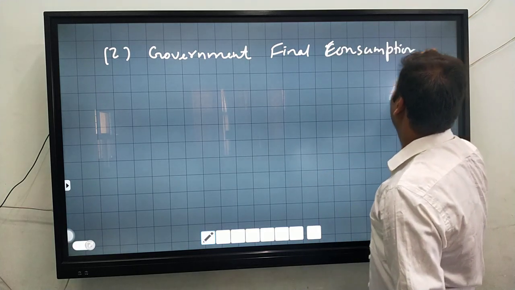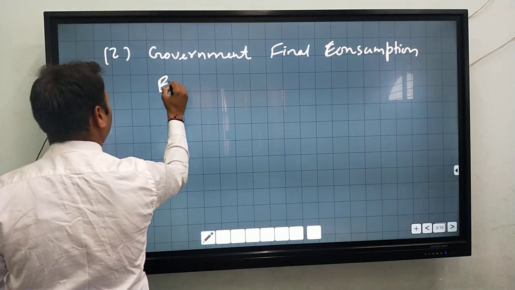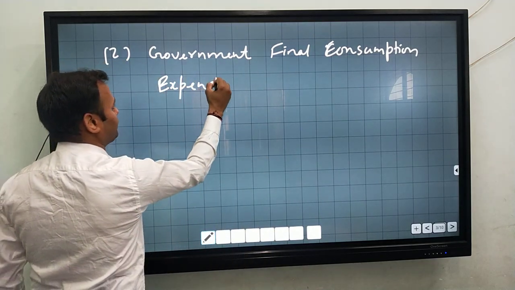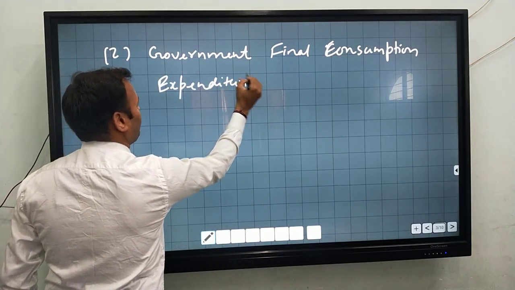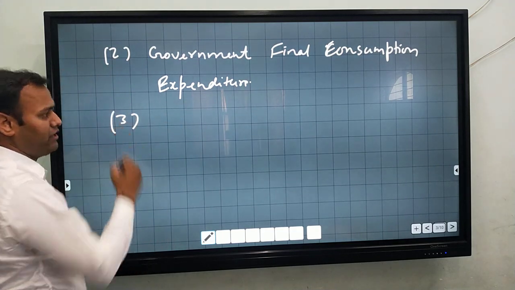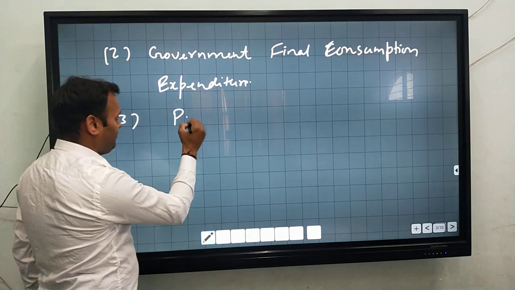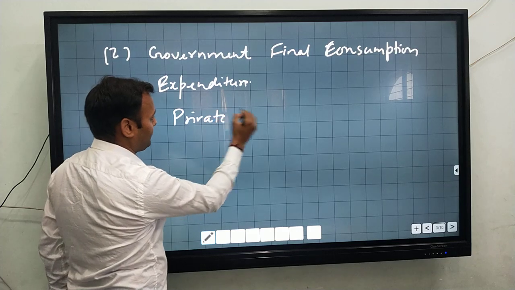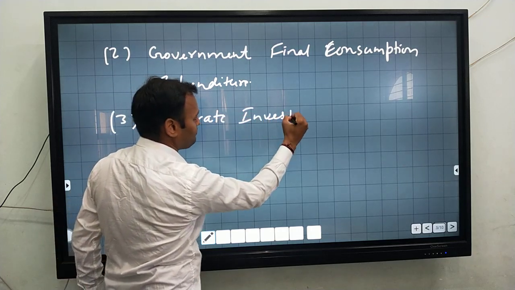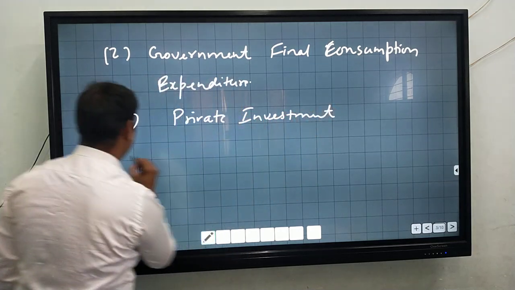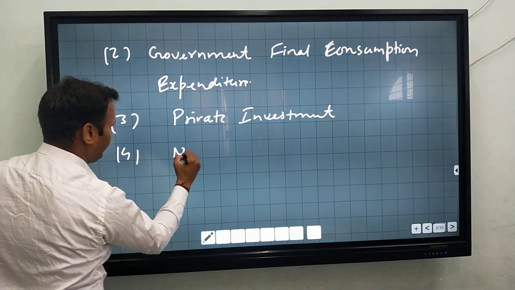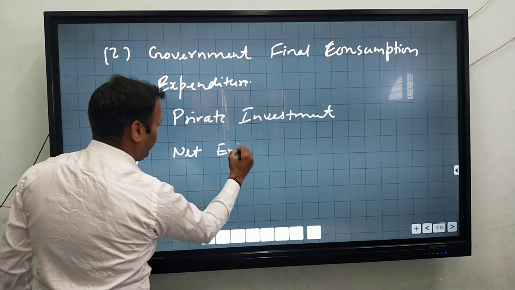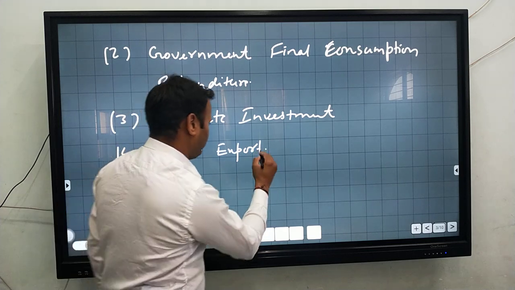Now the third one is private investment, and the fourth one is net export.